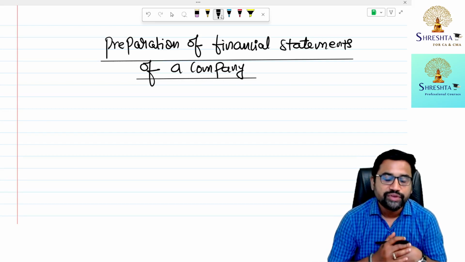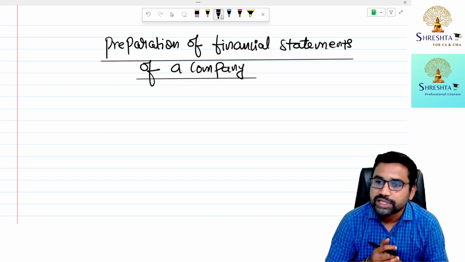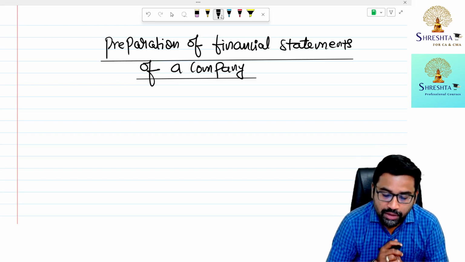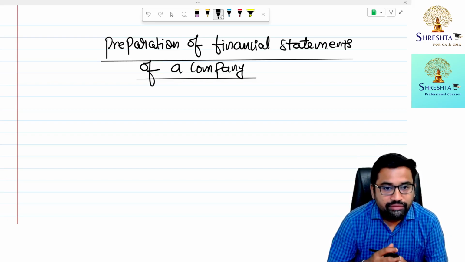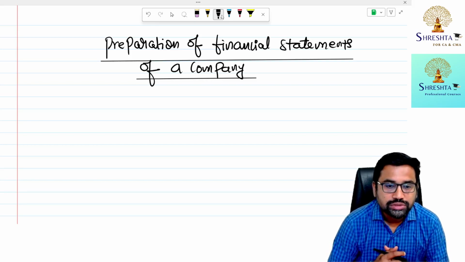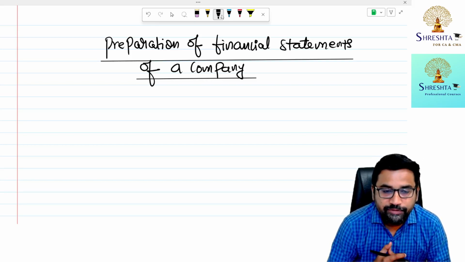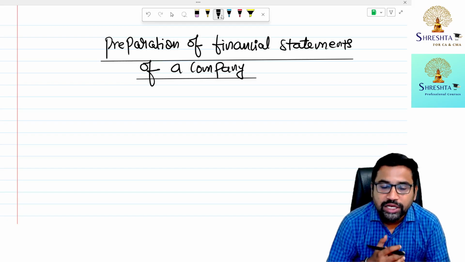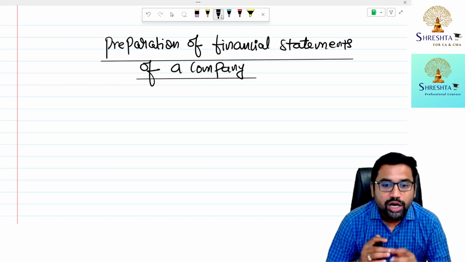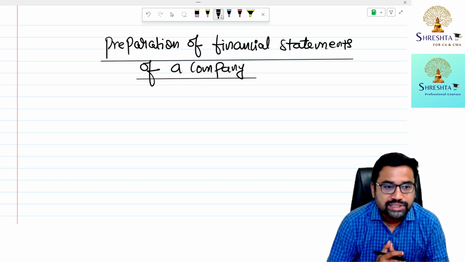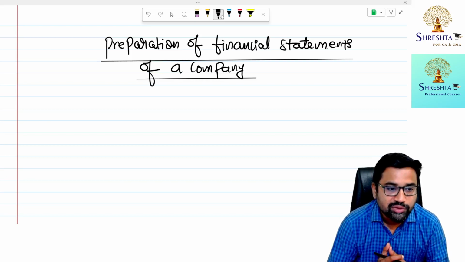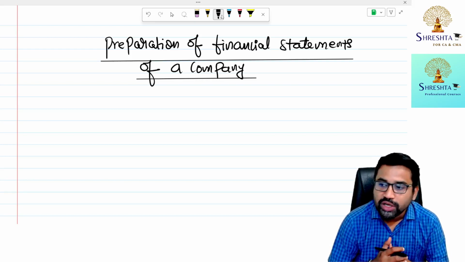So understanding of financial statements is a must and necessary for every professional. You should have thorough knowledge on how to prepare the balance sheet of a company, how to prepare the P&L account of a company, and how to present the items in the balance sheet and in the P&L account. You should have a complete knowledge.